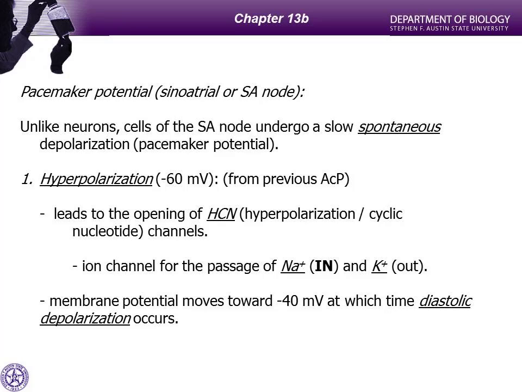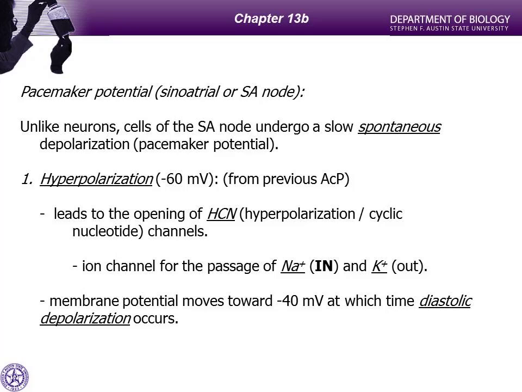Sodium coming in, what does that sound like from neurons? Yeah, that's the initiation of an action potential. And so what's happening when sodium comes in, you begin to depolarize as you're getting more positive. And this is referred to as diastolic depolarization.